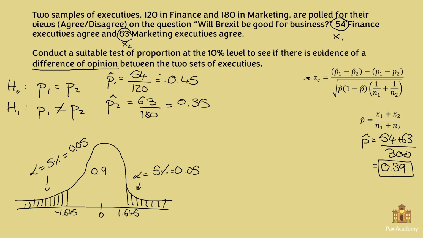Excellent. So now we have pretty much everything we need apart from P1 minus P2. Now this is the trickiest part in this question. Now the good thing is that if we look at the null hypothesis, we have an equality. This equality is that P1 is equal to P2. Now what we can do is play around with this equality.